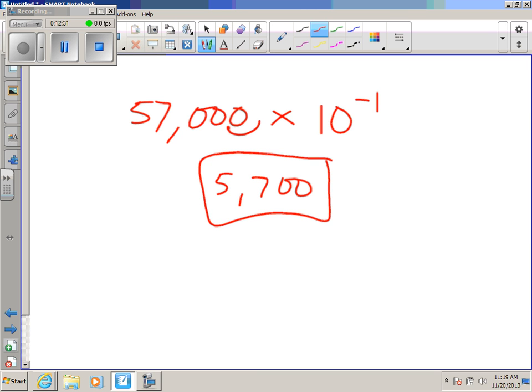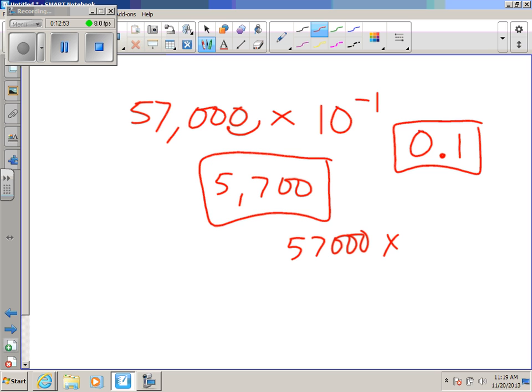Okay, Carlos? What we are doing is taking a major shortcut. Because what is 10 to the negative first power? It really is this. So if we were to multiply 57,000 times 0.1, we just did this.